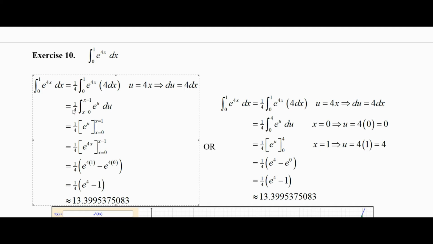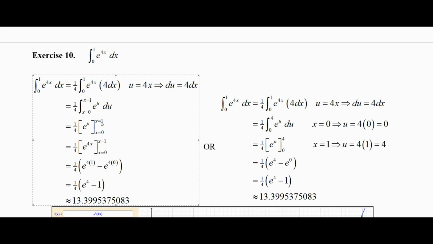Now, if I just leave this 0 and 1 at this point, it is incorrect because you assume these numbers here are u values unless indicated otherwise. But it's okay if you go ahead and say these are x values by indicating x equals 0 to x equals 1, which indicates we're going to have to switch back to x in the end. So the antiderivative of e to the u is just e to the u.